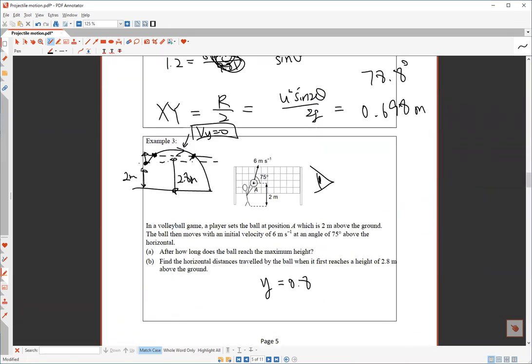I'll also add one part for it, part C. Find the time, horizontal displacement, and the velocity when the ball reaches the ground.